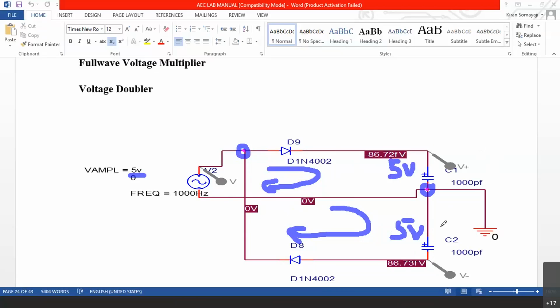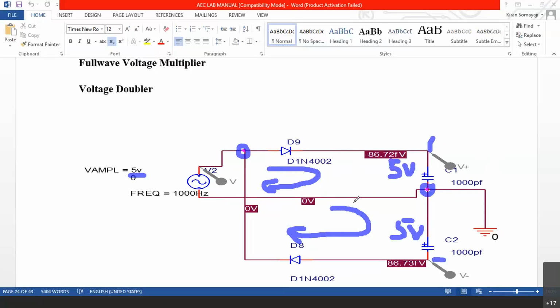In the other cycle, C2 gets charged. Now, when we take output from here to here, you can see the probes connected here, V plus and V minus. So when we take output in between these two, each capacitor retains the charge in the other cycle. So totally we get 10 volts, and this is 10 volts full wave.